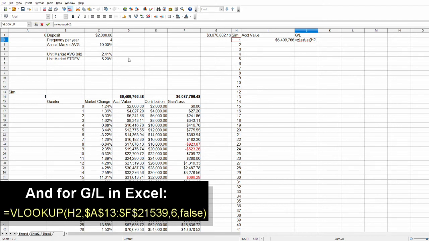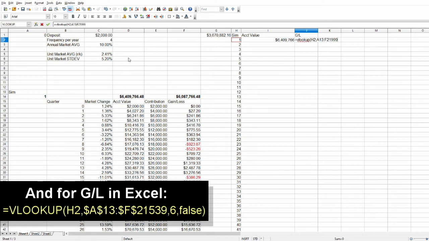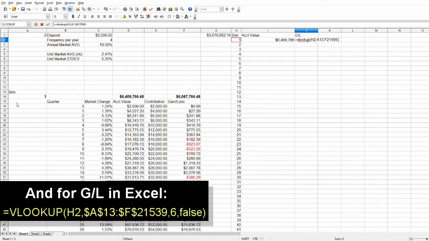So I think I remember that that's from A13 all the way to F. It was like 21,000. Let's just put 999. It actually doesn't matter because even if you overshoot it, it's still going to find only that value that you're looking for. And now I'm not looking in index 1, 2, 3, or 4. I'm looking in 5, 6. So I put a 6 right there. And then semicolon, don't worry about sort order. I'm going to put false, hit enter.